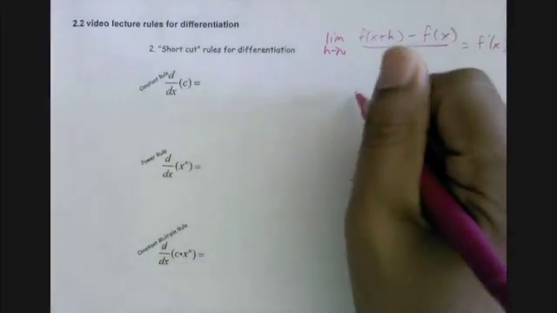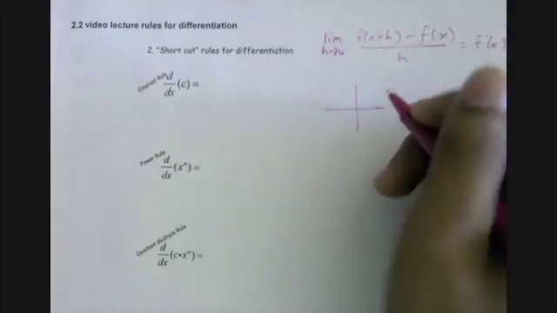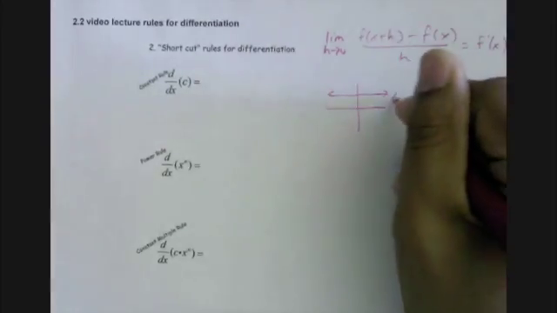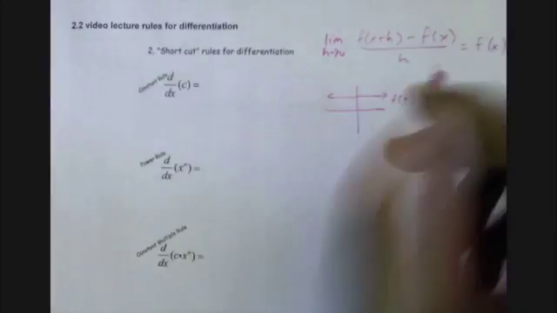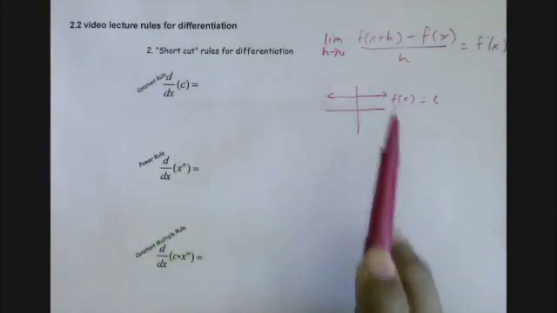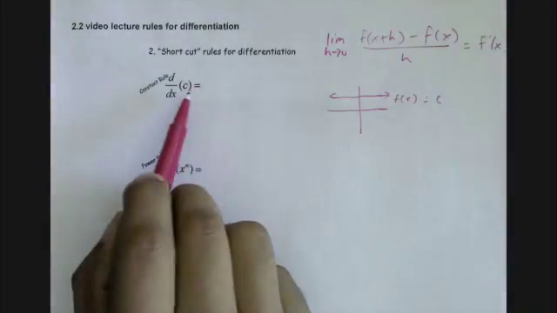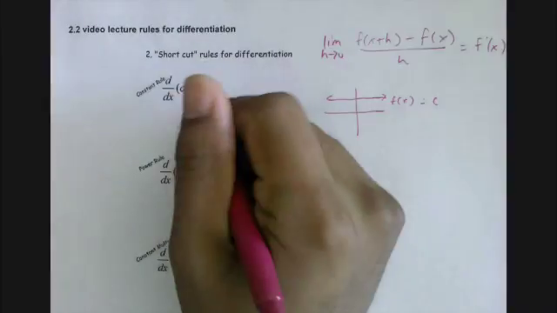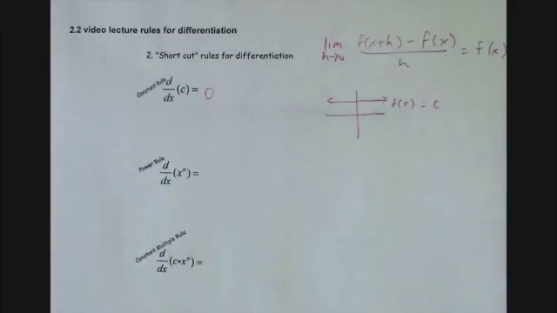If I have a function that's a constant, and I'm looking for the slope of its line, well, we know that the slope of a horizontal line is 0, which means the derivative of any constant c, no matter where its function lies, will always be 0. That was an easy one.